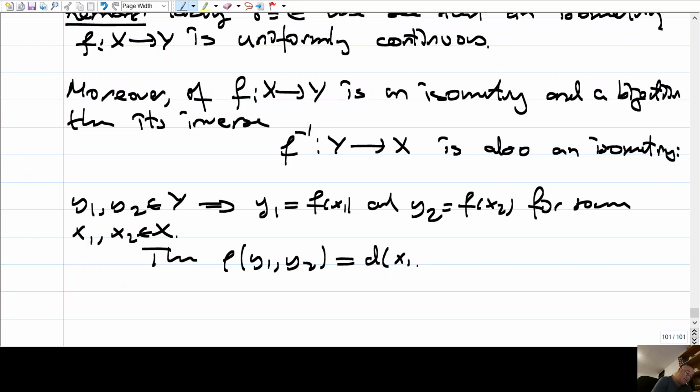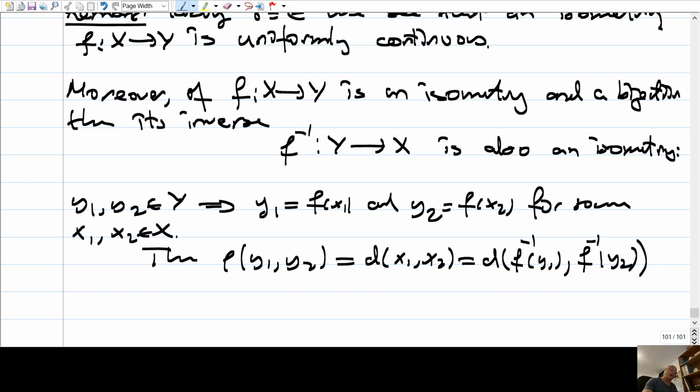But what is x1 and x2? x1 is just f inverse of y1 and x2 is f inverse of y2.